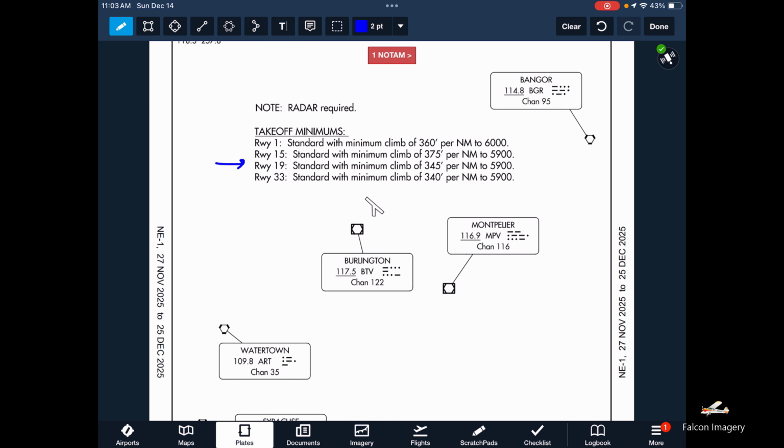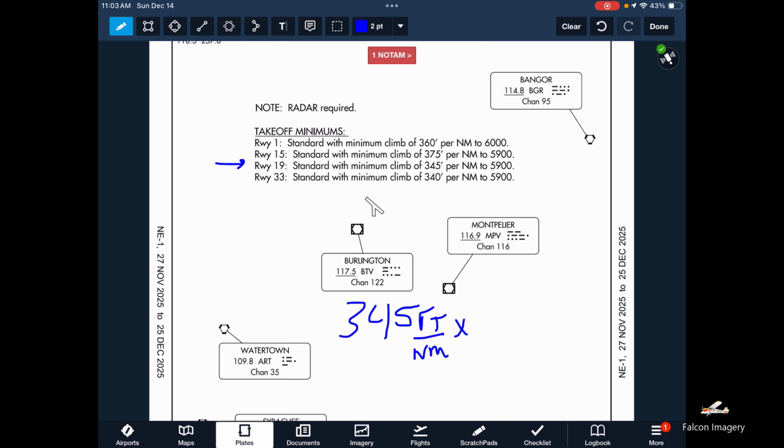So the first thing I need to do is convert that 345 feet per nautical mile to a climb rate in feet per minute, as that's what it shows for climb performance in the pilot operating handbook. So I'm going to take 345 in feet per nautical mile.